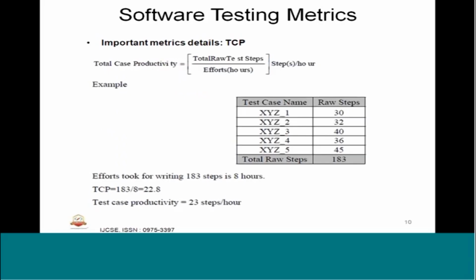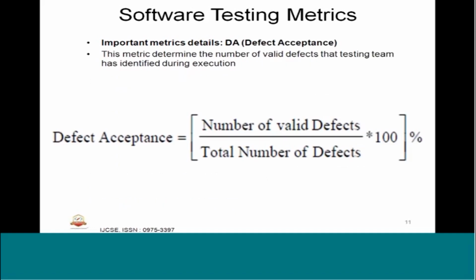Some of the important metrics we also studied, like test case productivity: the total number of raw steps divided by the number of hours taken to develop gives the steps per hour. That means these many steps can be developed per hour. This will be used for estimation and improvement over the period.